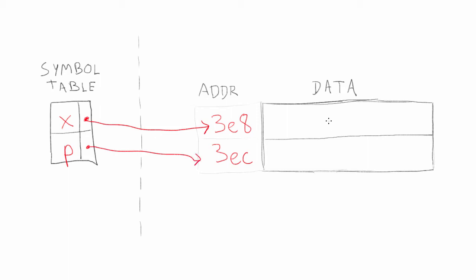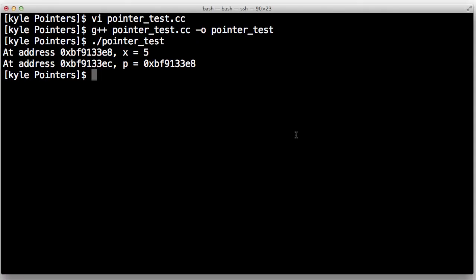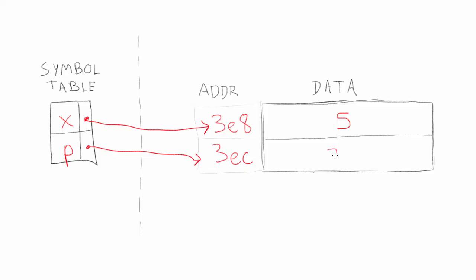All right, so in x we stored 5. And in p, you see we stored the address of x, which is 3E8. All right, so that's what's going on. Again, p has its own address and it has its own data, which happens to be the address of 5.